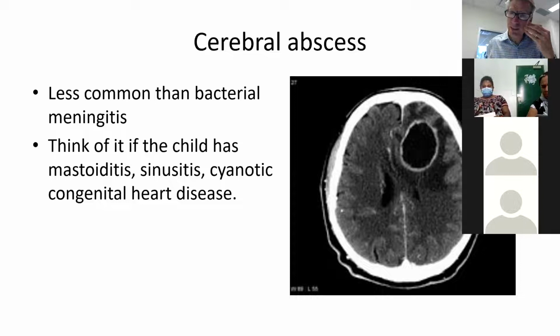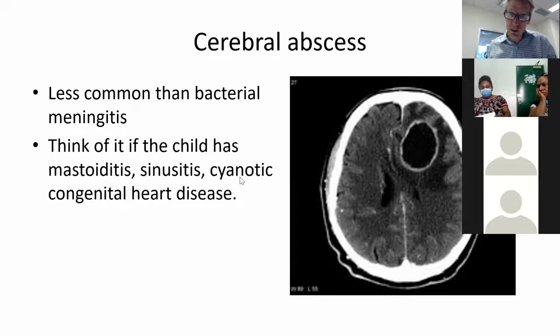And if they get infected, then they can spread up the veins into the brain. And so if you see a child who's got a focal neurological deficit like this girl had, she had a seizure involving the left arm and facial swelling, then think of a cerebral abscess.